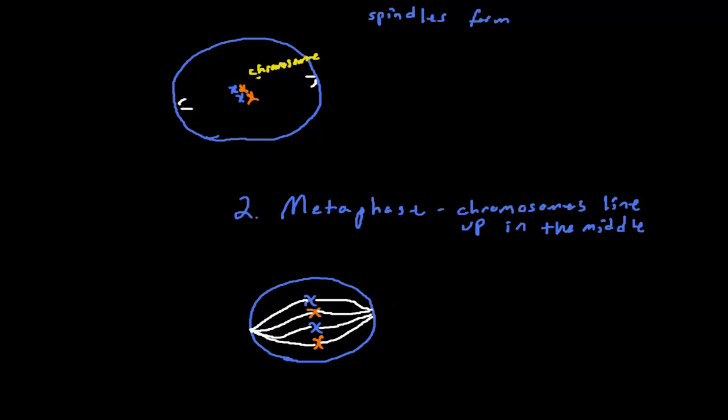So during metaphase, chromosomes line up in the middle and spindles attach. All right, I'm going to start a new layer here so we don't run out of room.